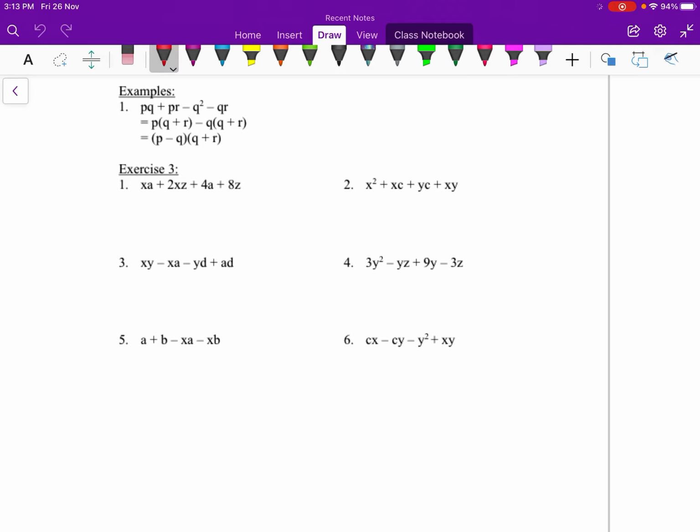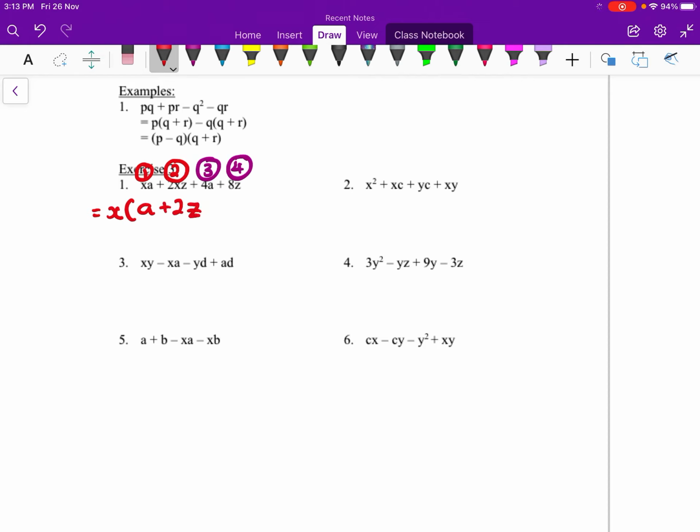Let's group the first two together, then the third term and the fourth term. For the first two terms, the common thing is your x. So I take out x. What is left for the first term is your a. What is left for your second term is your 2z.